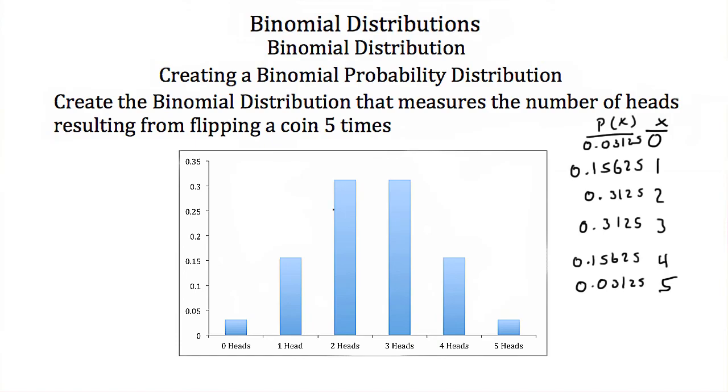Notice that getting 2 heads or 3 heads have the highest probability, and then 4 and 1 have a similar probability, as well as 0 and 5. Since we have a 50-50 chance of getting heads each time we flip the coin, we would expect that somewhere around half the time we would get heads.